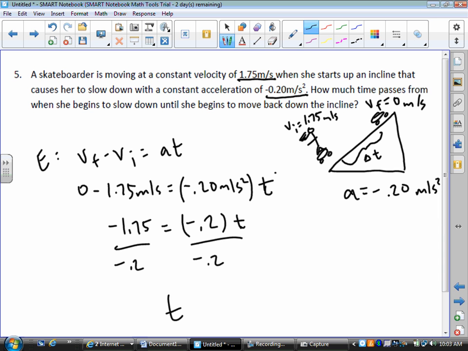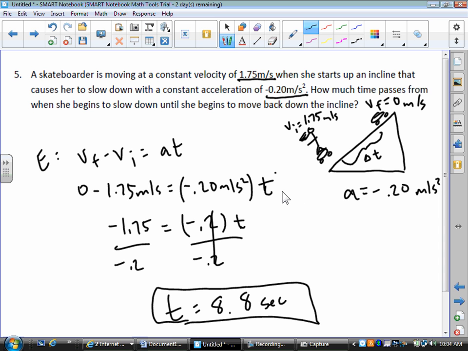And we should get a time equal to what? Time will equal this divided by that. So negative 1.75 divided by negative 0.2 is what? 8 point what? So we'll just go ahead and say 8.8 seconds. So she's going to go 8.8 seconds up this ramp before she starts rolling back.